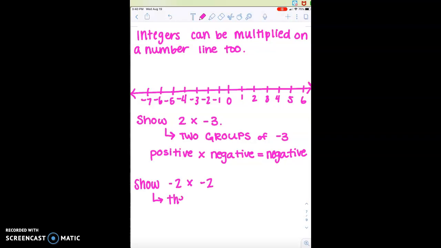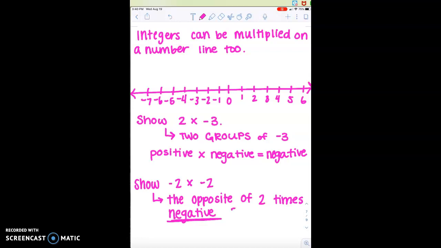So really what -2 times -2 is asking me is the opposite of 2 times -2, okay? Thinking about it that way, it's easier for us to figure out this answer, because we've already learned how to do positives times negatives, right?